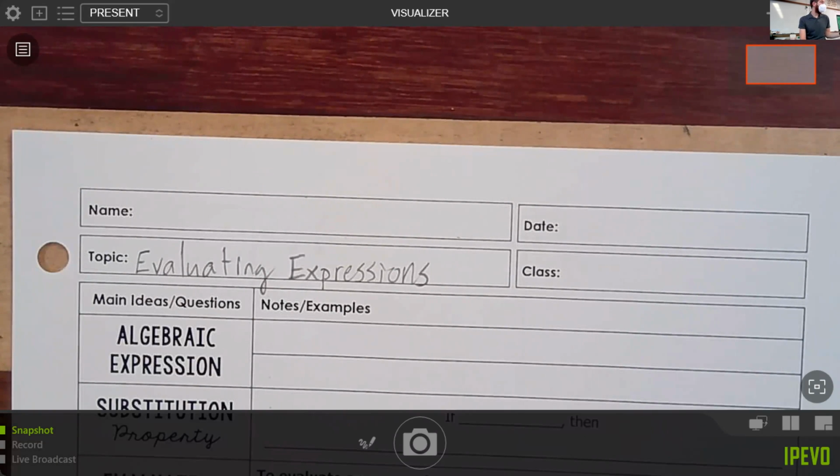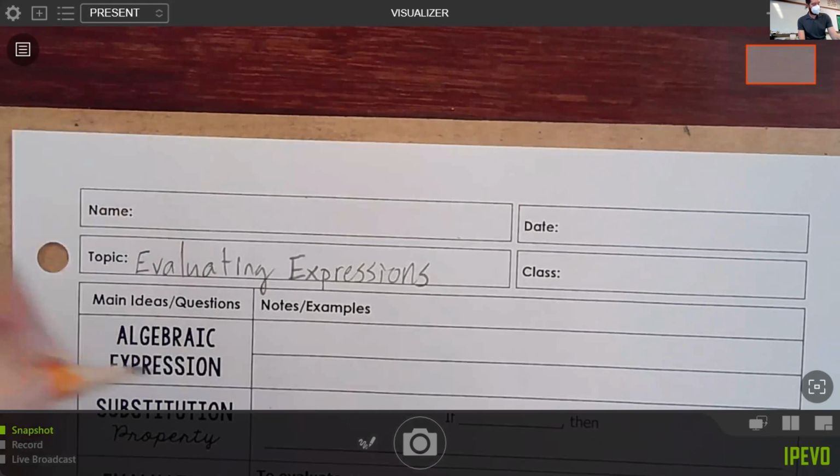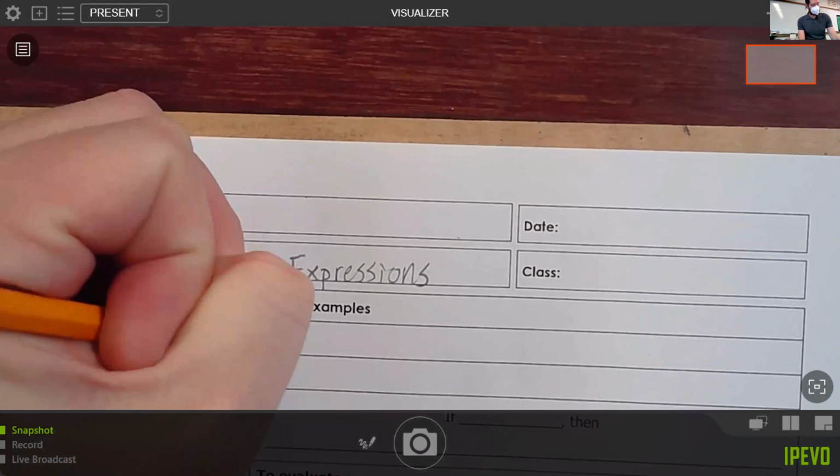An algebraic expression. Yesterday we just mentioned expressions, right? So like one side of an equation would be an expression. An algebraic expression is a little more specific because it's a mathematical phrase.